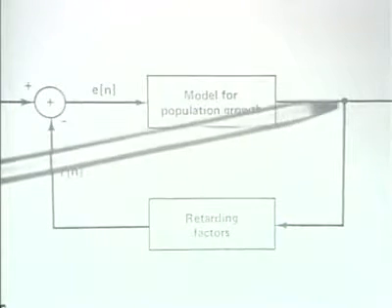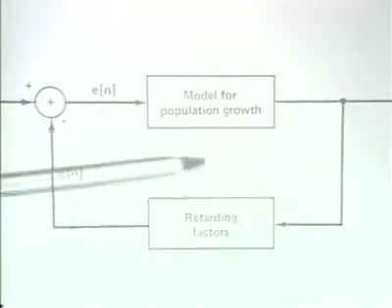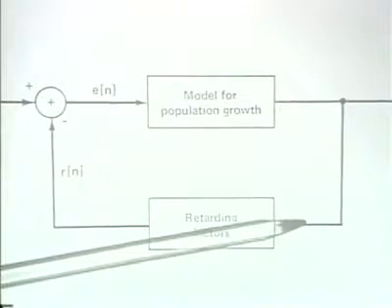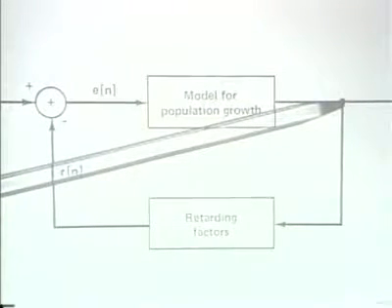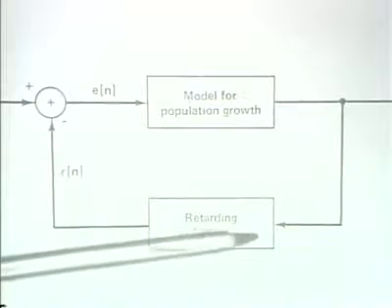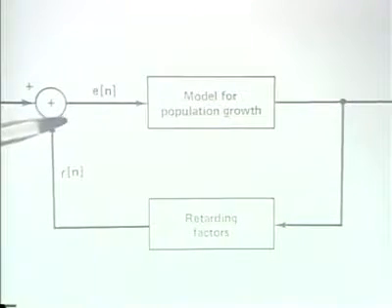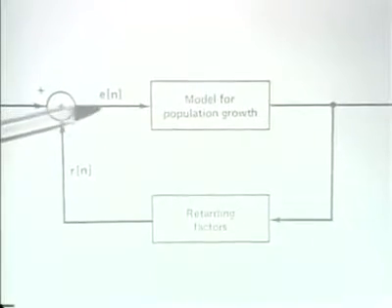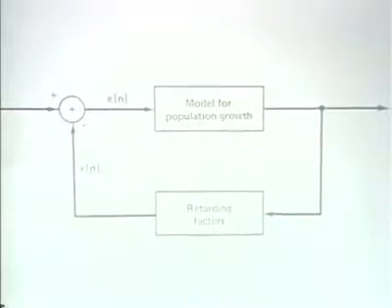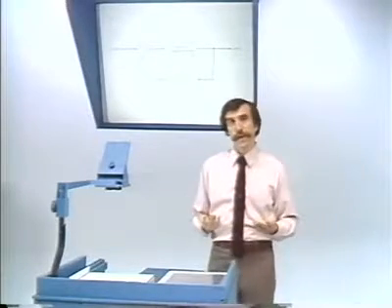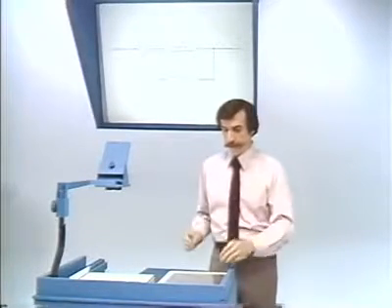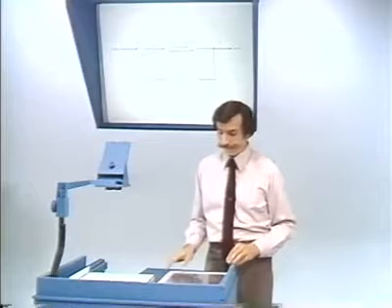And then very often the retarding factors can be described as being related to the size of the population, and those essentially act to reduce the overall input to the population model. And so population studies are one very common example of discrete time feedback systems.